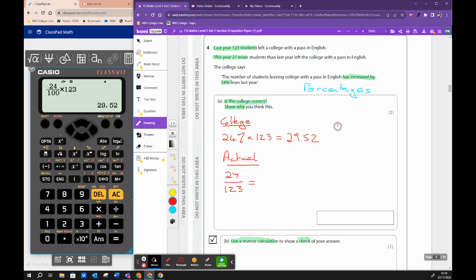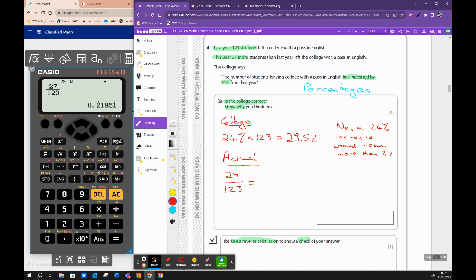You would say no. A 24% increase would mean more than 27, because we've said it's 29.52. Let's look at this calculation here.